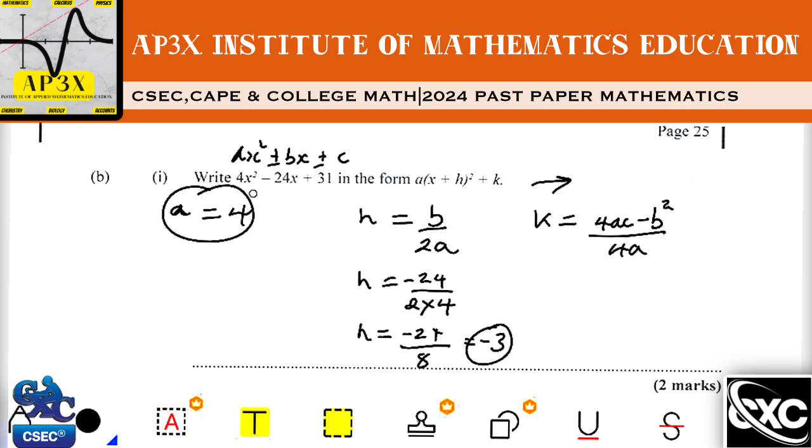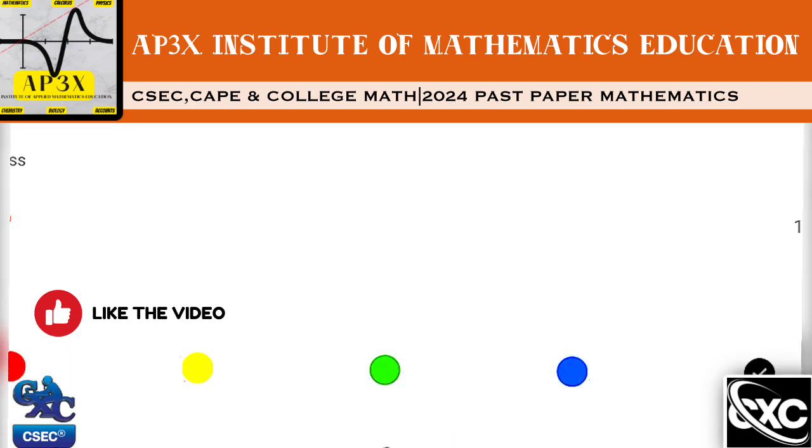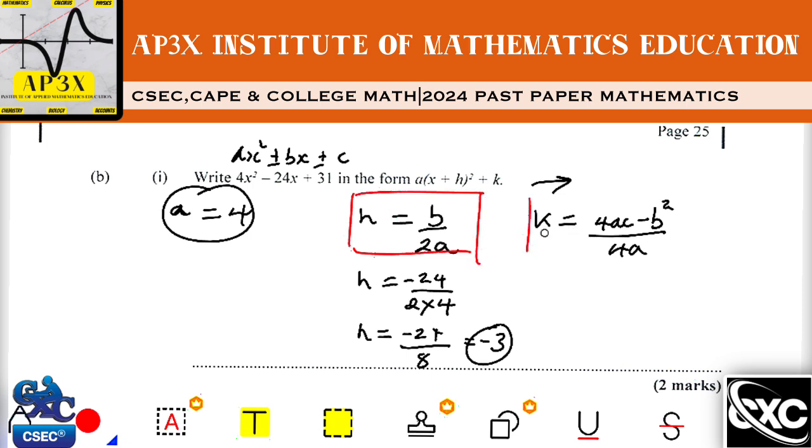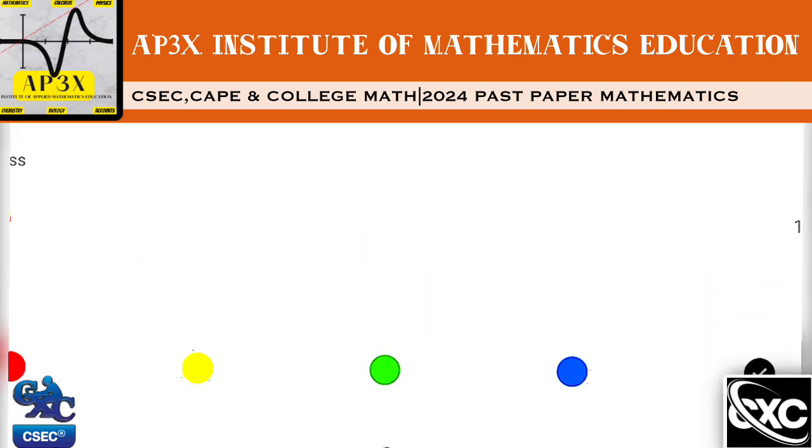So by completing the square on the quadratic expression, we produce these results. But for now, guys, I just recommend that you simply remember that h is equal to b over 2a, and k is equal to 4ac minus b squared over 4a. Once you can remember that, you should be okay.